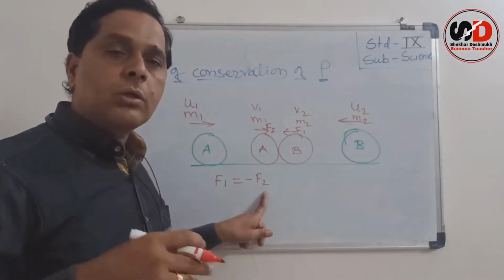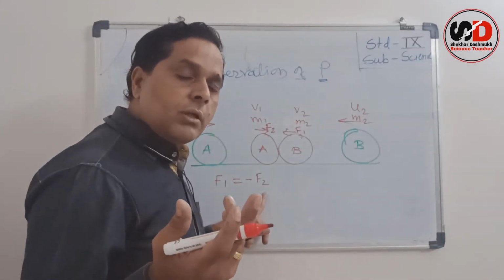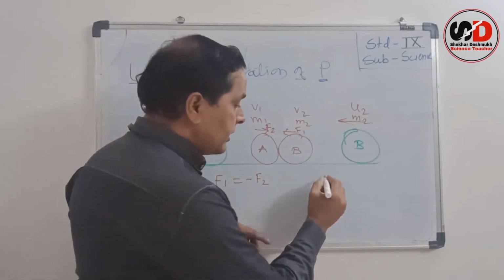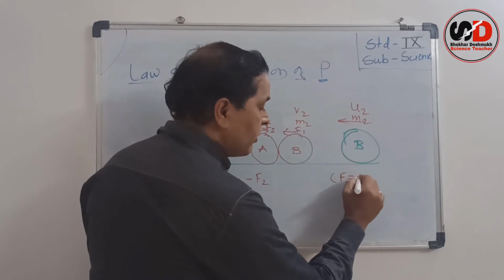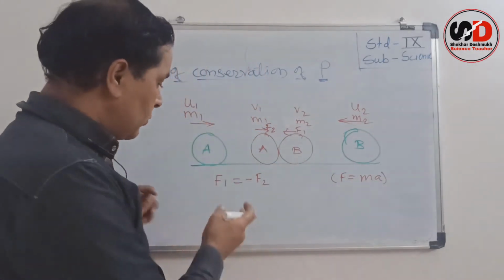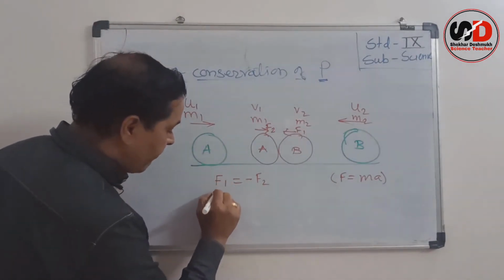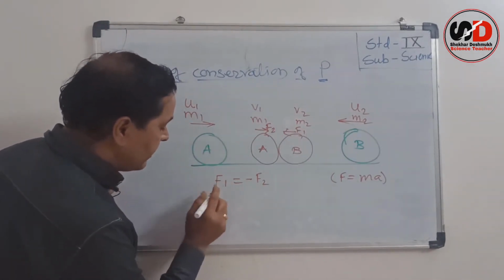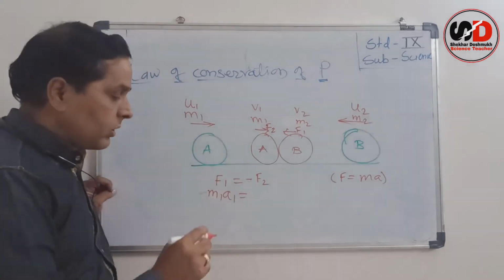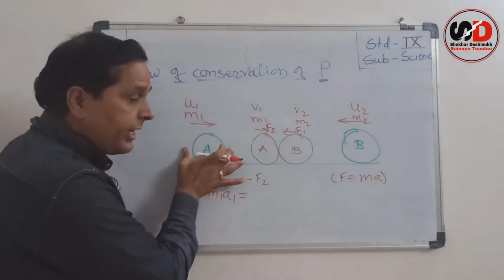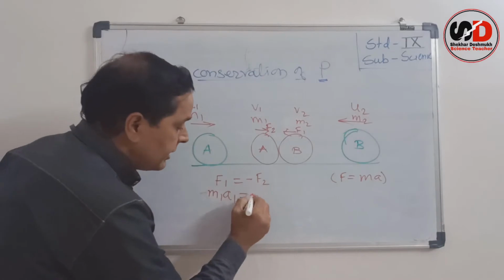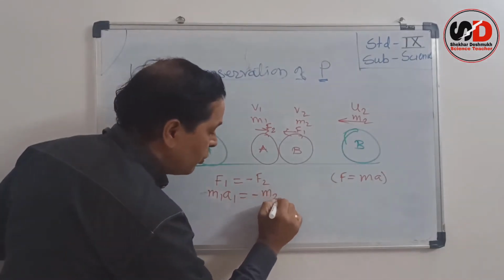So let us recall the equation of Newton's second law. What is it? F is equal to ma. So write down here. So F1, instead of F1, I write here m1 into a1 because it is related with object A. So m1 into a1, the acceleration in it, is equal to minus m2 into a2.